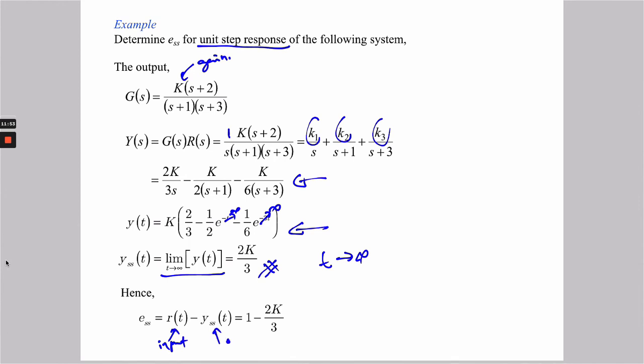This is the output at time approaching infinity, which is at the steady state or the final value of the output. So we have 1 minus 2K over 3. So why do we use 1? Because it's actually a unit step response. Unit step means 1 over s.